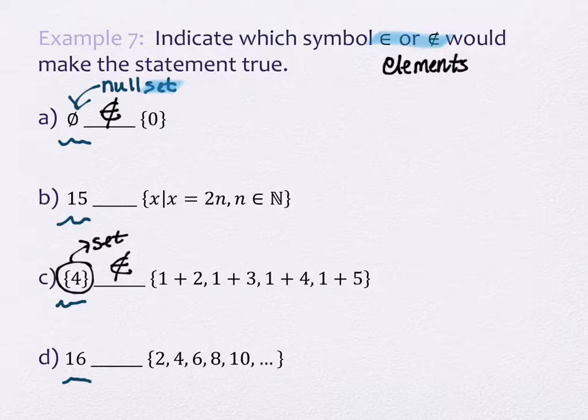So let's look at B and see if we can figure it out. This is set builder notation, right? We talked about it last time, and we talked about how sometimes it's more concise to write it in set builder notation than in a listing method. So this one says, this is all x such that x is 2n and n is a natural number. So what does this statement, n is a natural number, mean?